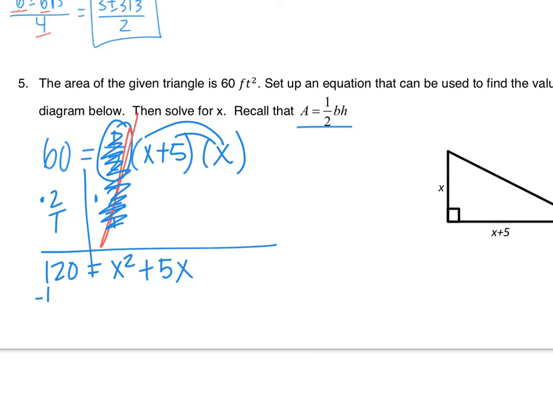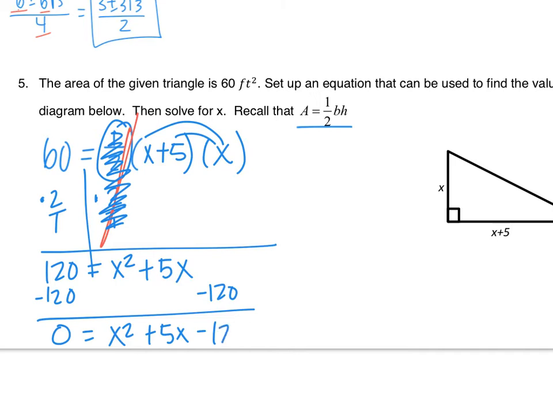So I'm going to subtract 120, and get 0 equals x squared plus 5x minus 120. Now I'm ready to use the quadratic formula.